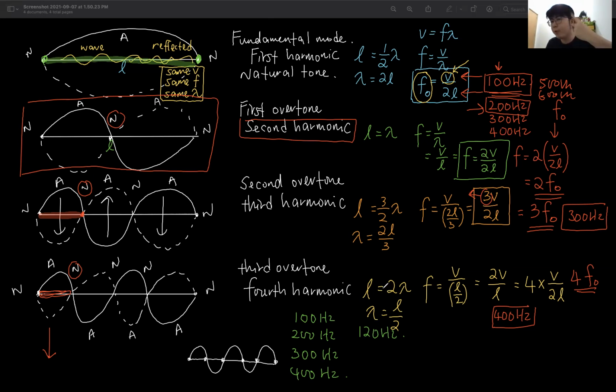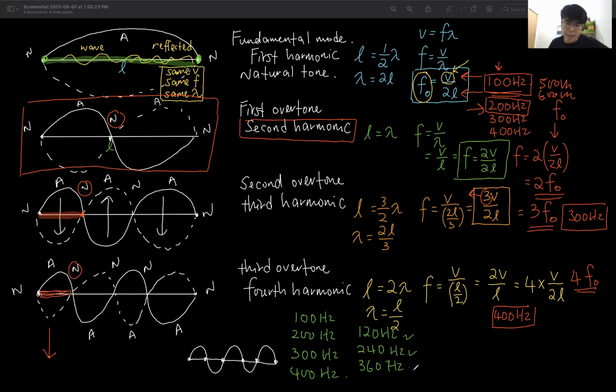Then what frequency do I hear when I play it? I will hear the integral multiples of the fundamental frequency 120, meaning that you will hear 120, you will hear 240, and you will hear 360. This goes on and on.